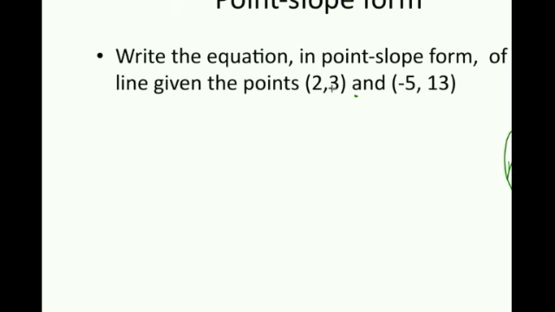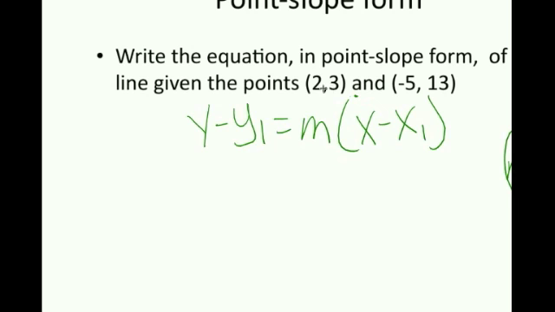It doesn't matter which one I pick, just as long as I pick one of them and use both the x and the y. y minus y1 equals m parentheses x minus x1. In this case, I'm going to use 2, 3. y minus 3 equals negative 10 over 7 parentheses x minus 2.